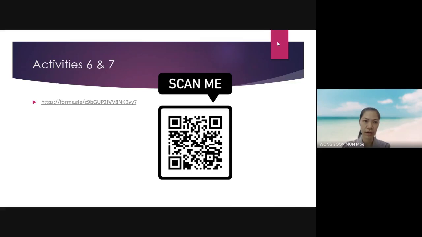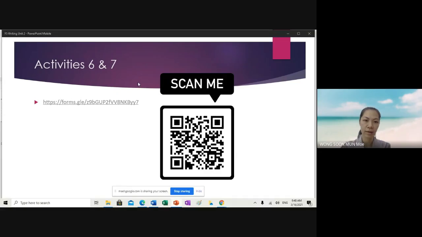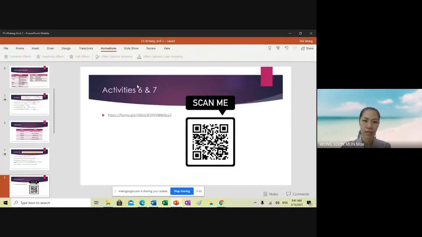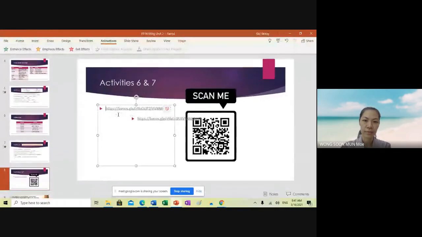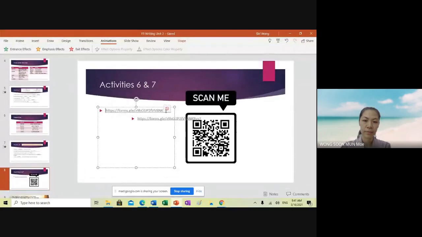We're going to do activity 6 and 7 this time. This one is in a Google Form. What's wrong? Wait, let me copy the Google Form for you.